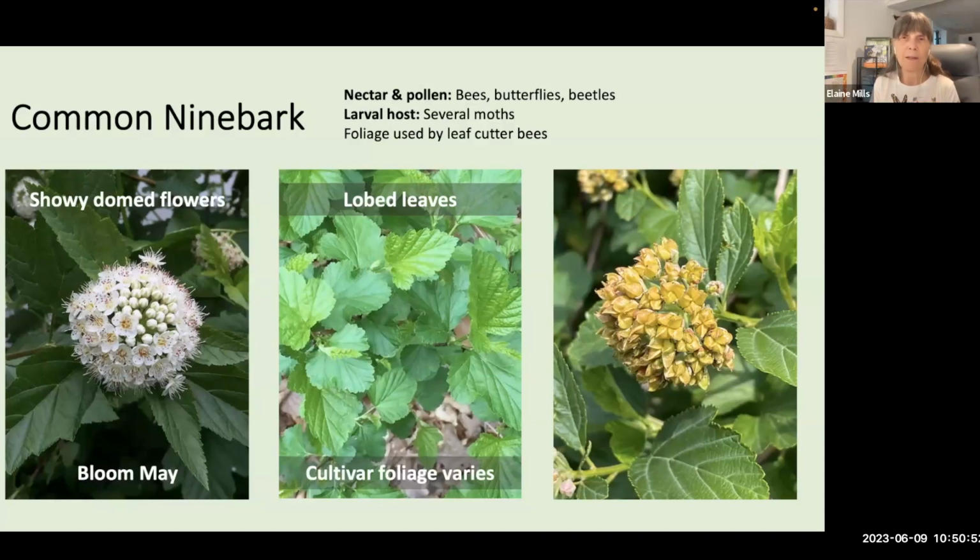They add greatly to the aesthetics of the garden, but just an alert that with the foliage color change, there is a change in the leaf chemistry, and the leaves will no longer be able to serve as host plants for our Lepidoptera. Common ninebark has these very interesting red-brown seed capsules, and they'll remain as interest through the winter.